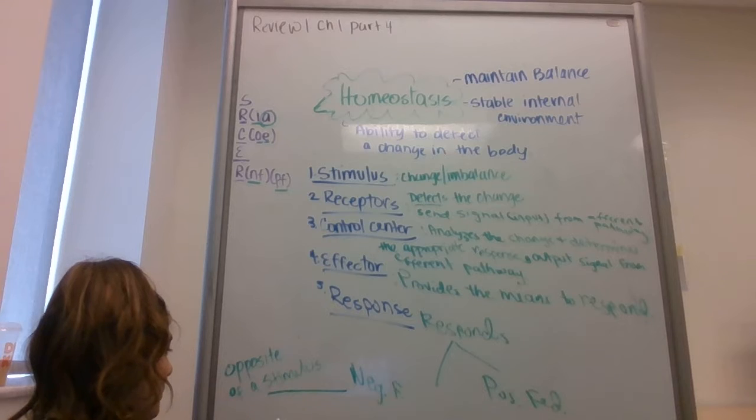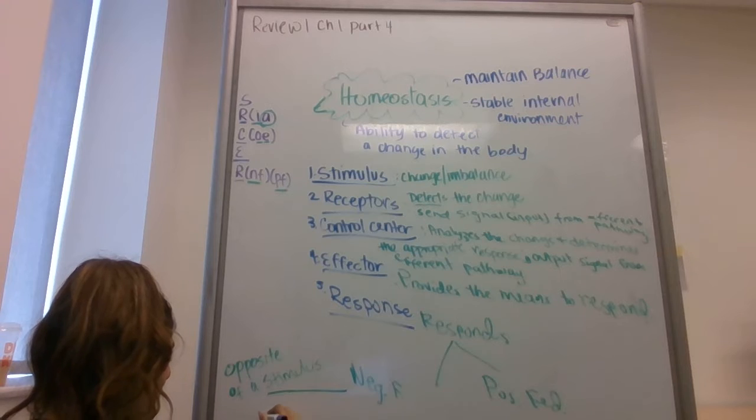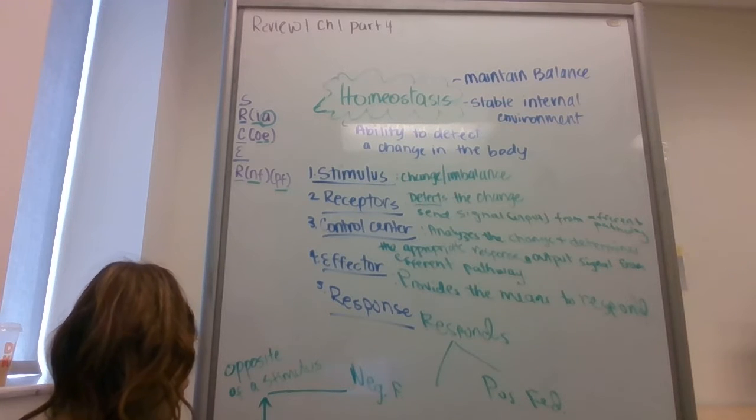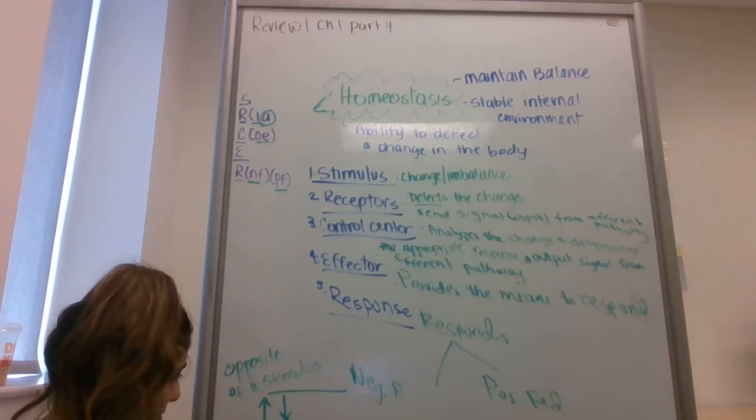So for example, when the internal body temperature goes up too high, in order for it to come back to its normal stage, negative feedback will bring it down.